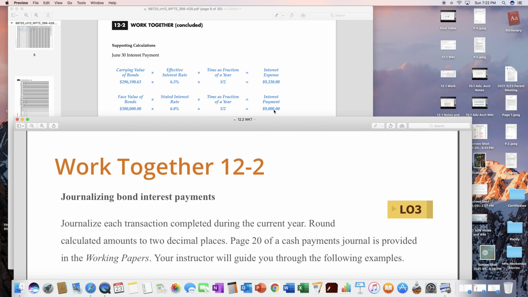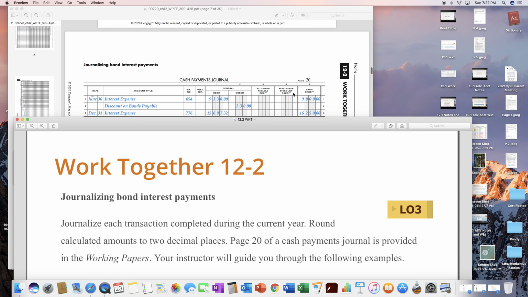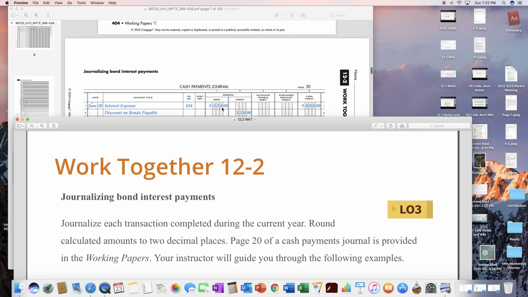And then what we'll do with this interest expense is we will debit the expense, and the difference between these is going to be the discount on the bond payable. So when you go up to here, we have the interest expense, we have what we're paying, our interest payment, and the difference is the discount on the bond. Remember, this is a contra account, so a debit normal balance, now it's going to be a credit.